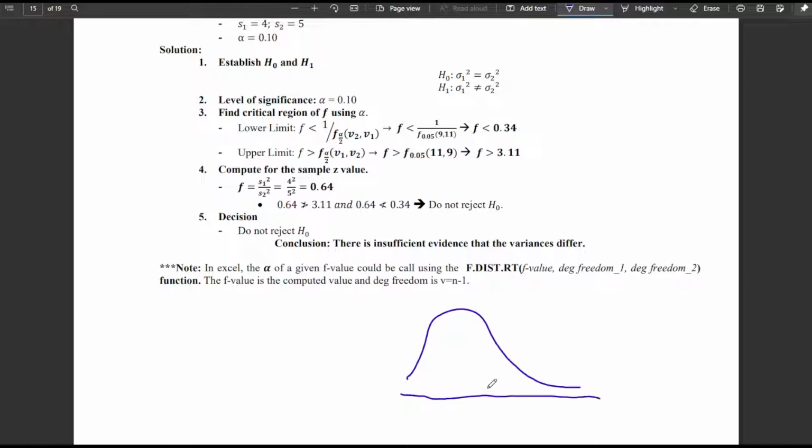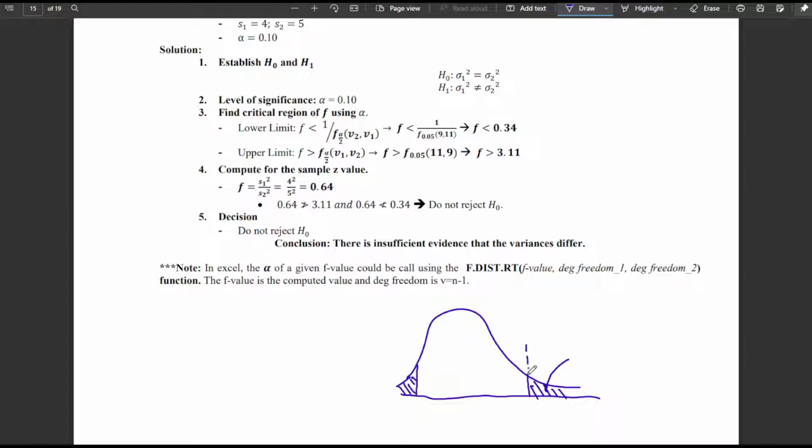And first is gusto natin malaman kung equal ba yung two variances, no? So we do, if we are not establishing kung alin yung greater than or less than the data set, then we do a two-tailed test, no? Kasi pwede siyang mag-reject ka due to your F value being over the right hand side na limit.